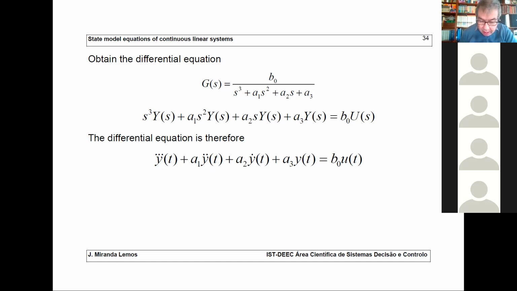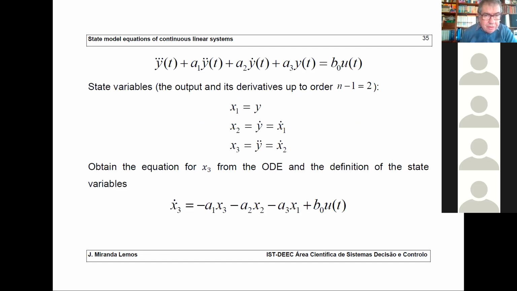Okay, and now you define variables that are the output and the derivatives up to order n minus 1, where n is the order of the system. So in this case, the order is 3, so you stop at the second derivative of y. The first equations come from this definition of variables. The last equation comes from plugging this definition in the differential equation for the system. Any question?